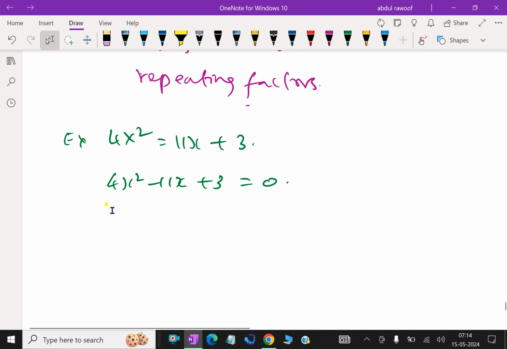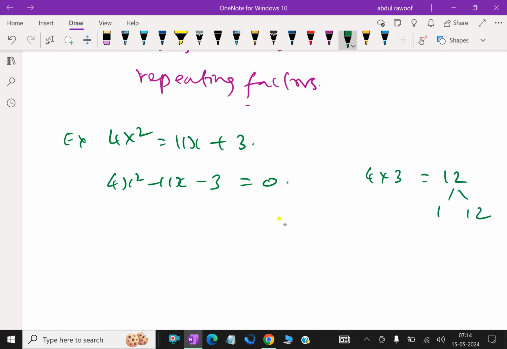This is 4, so 4 into 3 is 12, and this 12 is split into factors. This is minus 3, because this plus 3 comes to this side as minus 3.